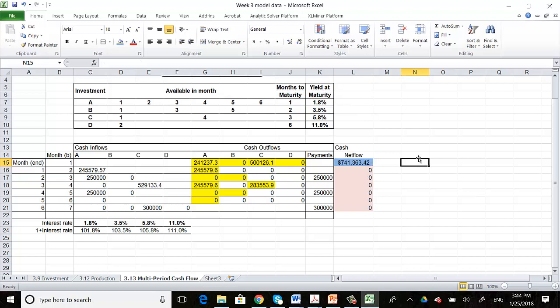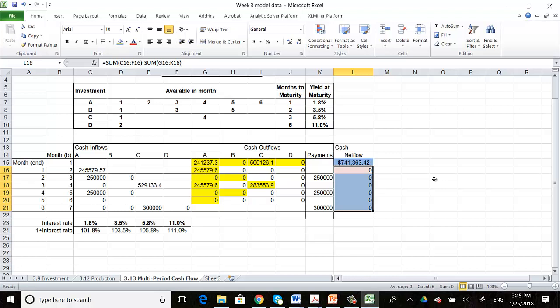Did any of you have an error message? What were the constraints? This one's greater than or equal to 0. That's the only one. Any of you get an error message? The net cash flow greater than or equal to 0.